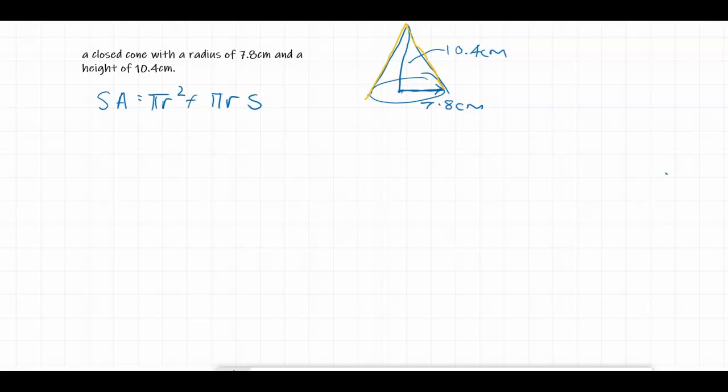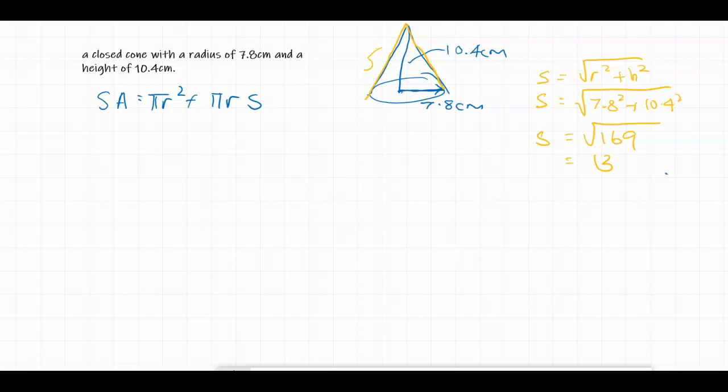We can find s easily enough: s is equal to the square root of the radius squared plus the height squared. So s is equal to the square root of 7.8 squared plus 10.4 squared, which is the square root of 169, which is equal to 13.